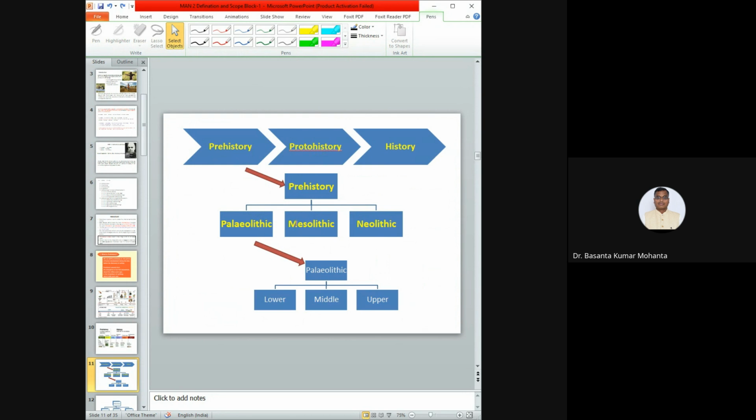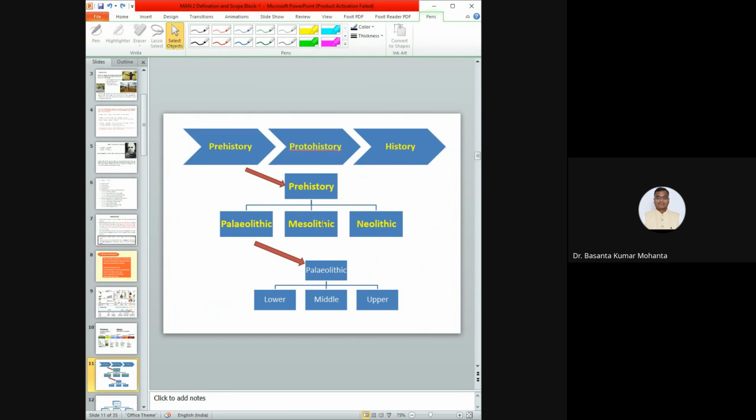Here our prehistoric people were using very small, very tiny stone artifacts. So Mesolithic is related to the microlithic tool. The last one is the Neolithic, where neo means new, lithic means stone. New means the tool type used by these people was somehow different during this time.